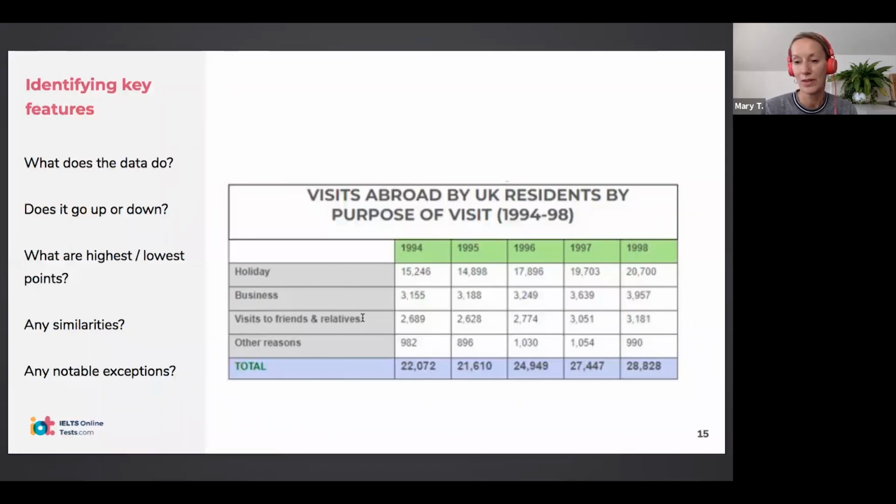Other reasons decreases. It decreases in 1995 and then it goes up and it continues to go up, but there's a big difference between the number of people, okay? So if you compare that with, for example, holiday, there's a huge difference. So it's just more the number of people there.